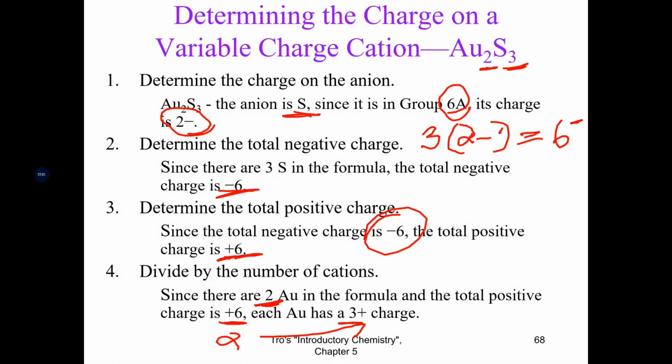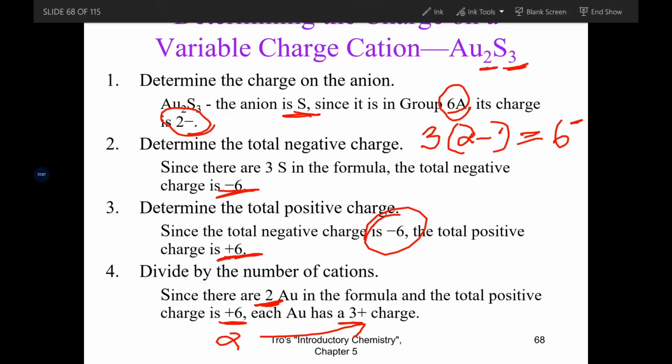So when we name this one, we're going to name it... Bear with me, guys. Gold 3 sulfide. I don't know why this is not writing correctly here.